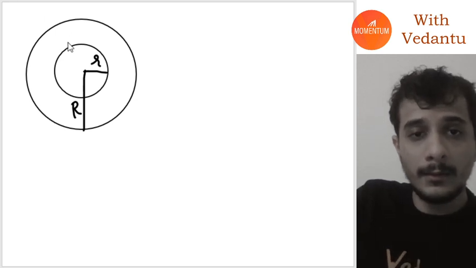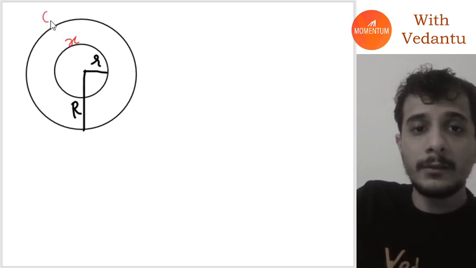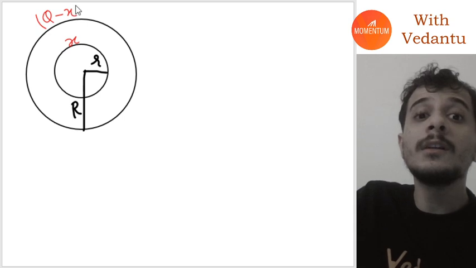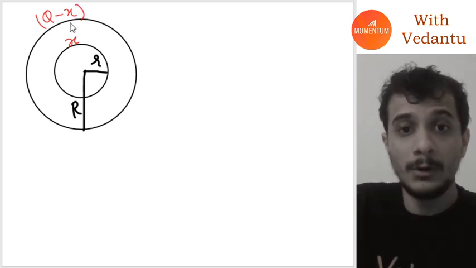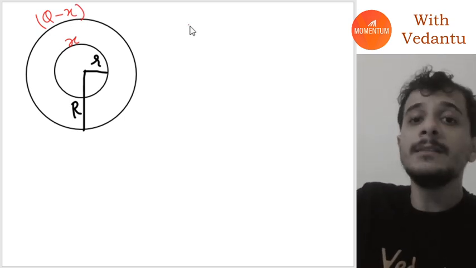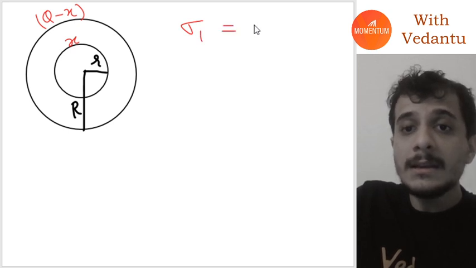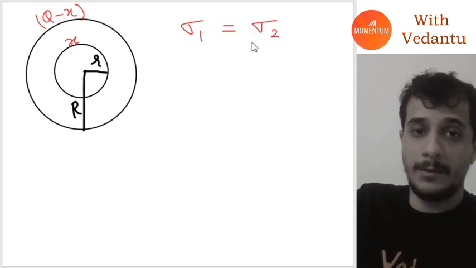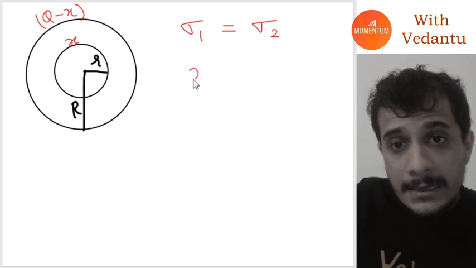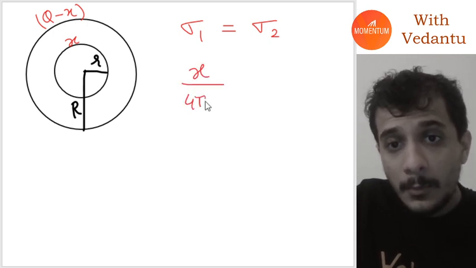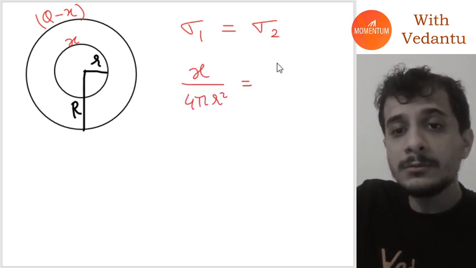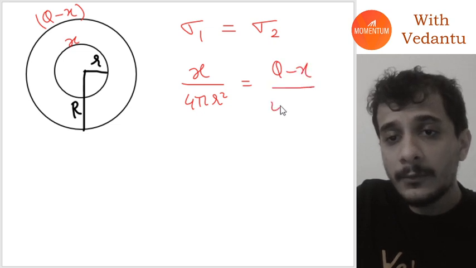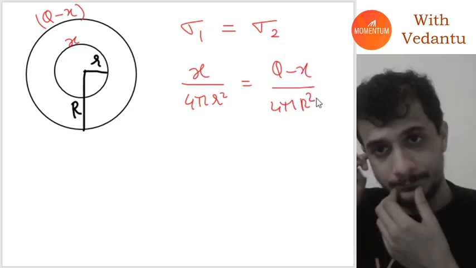So let's say this has charge x and this has charge q minus x. Now what they've said is that the areal charge density is the same for both of them. Or what I can say is x divided by 4 pi r square is equal to q minus x divided by 4 pi R square.